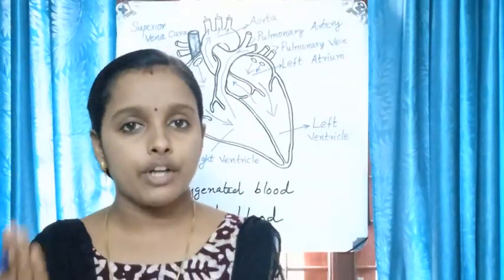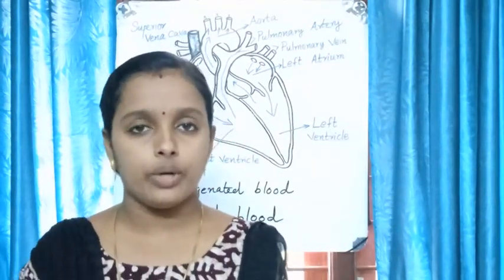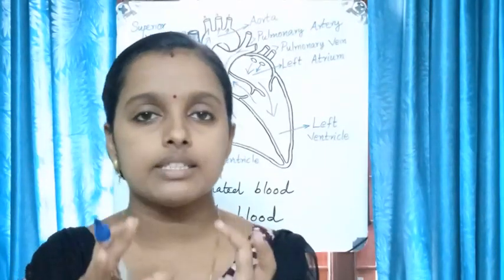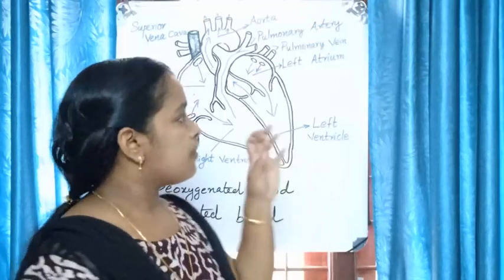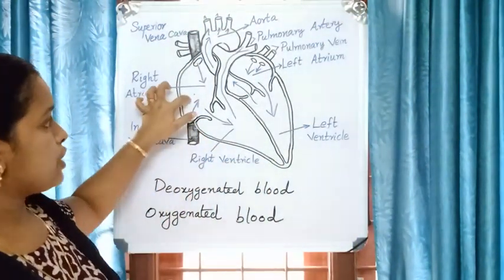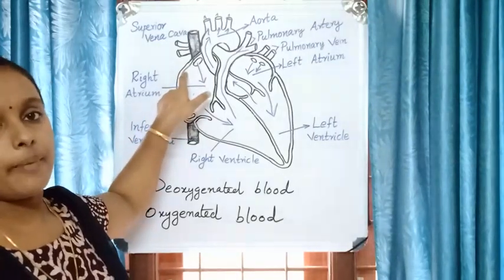As a result of respiration, carbon dioxide is produced in our body, and they want to purify it with oxygen. This heart is the pumping organ. First, this blood vessel will supply the blood into the right atrium.